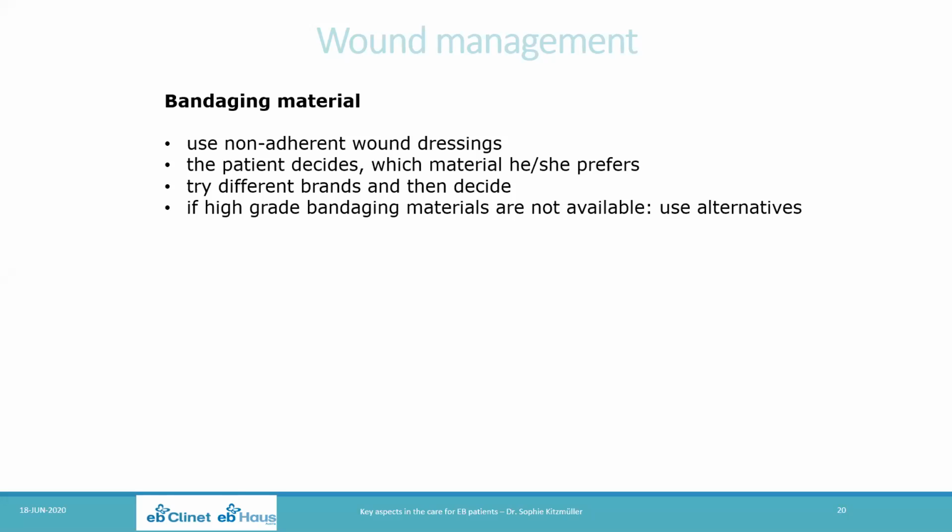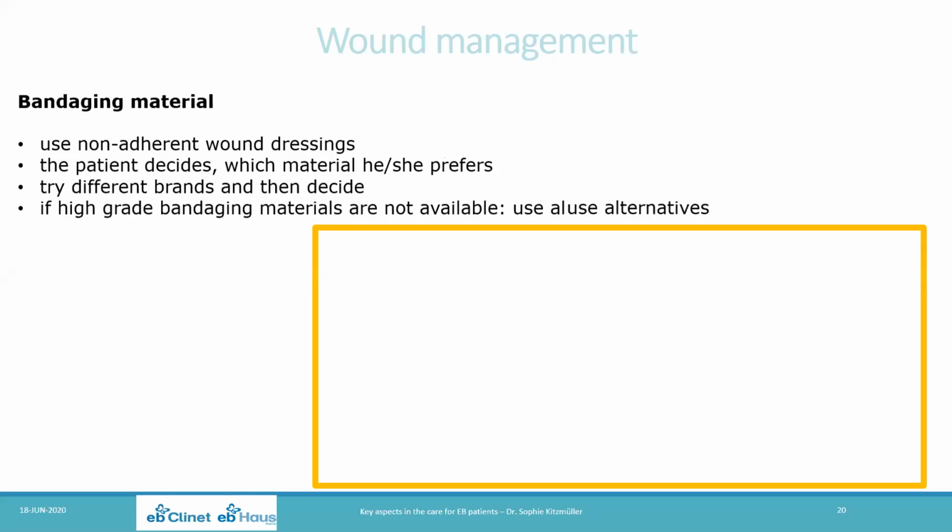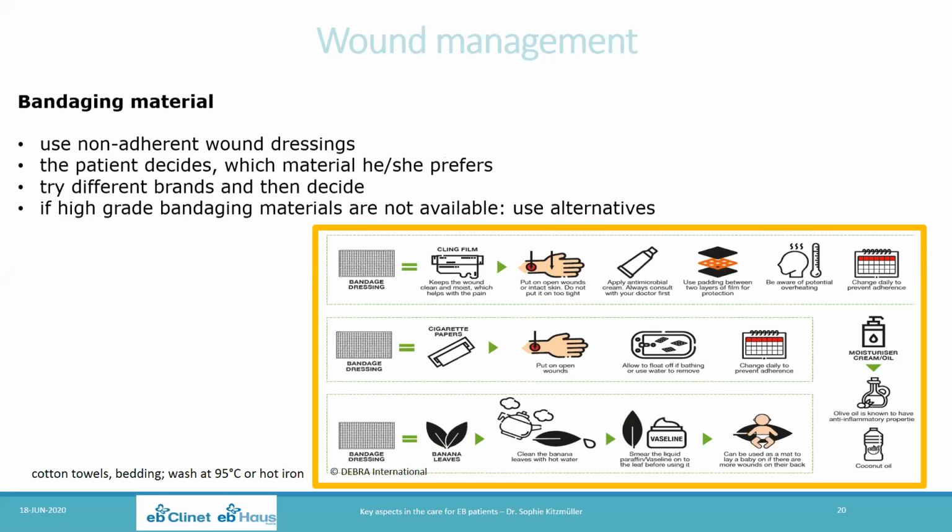If high-grade bandaging materials are not available, and this is sometimes the case because they're sometimes expensive and insurance does not cover it, there are some alternatives that can be used. For example, for direct dressing of the skin, you can use cling film or cigarette paper or banana leaves.